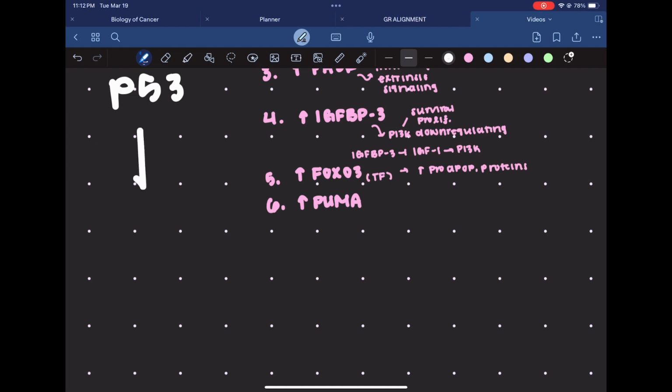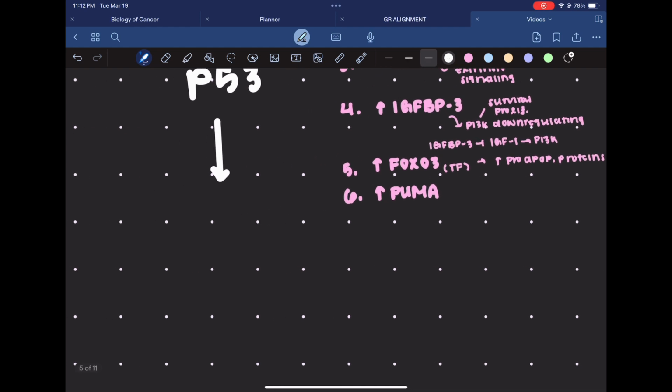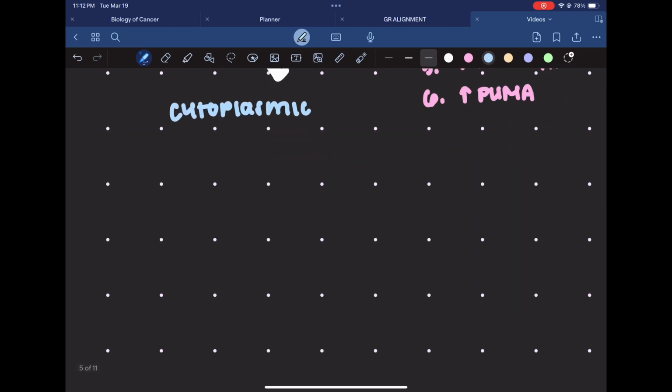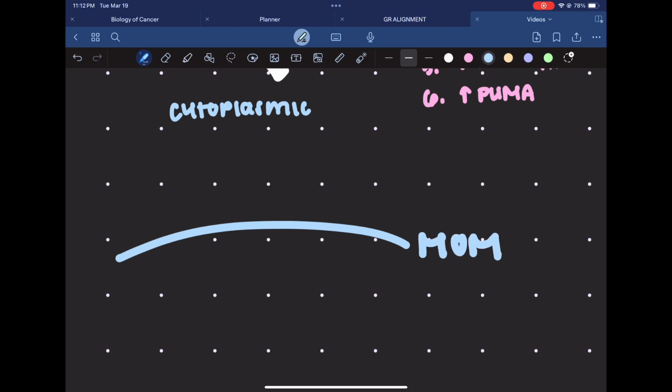In terms of p53's cytoplasmic functions, let's address that right here. Cytoplasmic functions. I'm going to draw our mitochondrial outer membrane here.